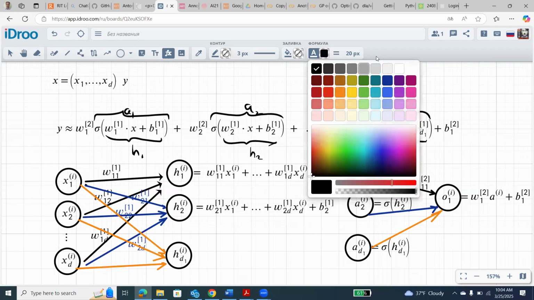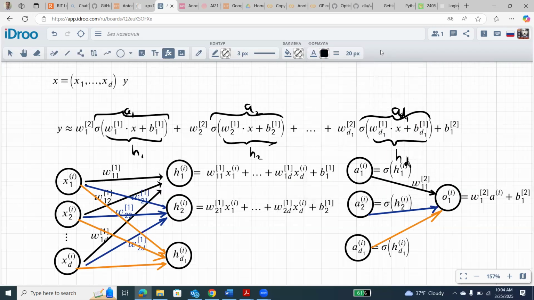Okay. So if you look now at your problem solvings, you will see exactly this graph. Sometimes people call these nodes neurons, but in my opinion, it just obscures the understanding of the model, because these are just numbers to which we apply linear functions, activations, sigmoid functions, and then take again linear combinations.